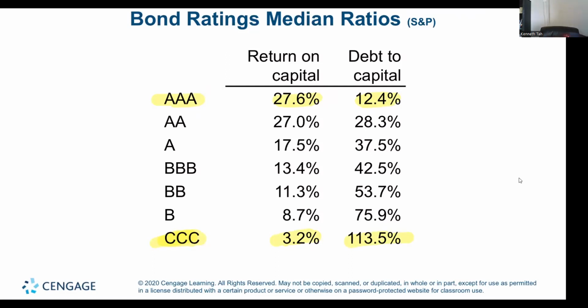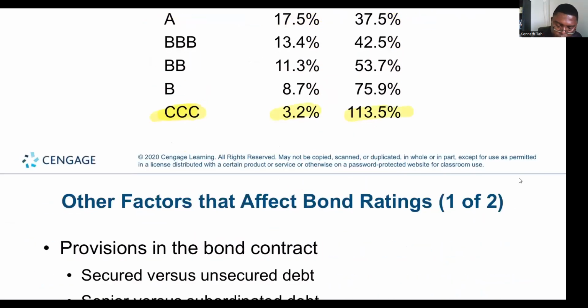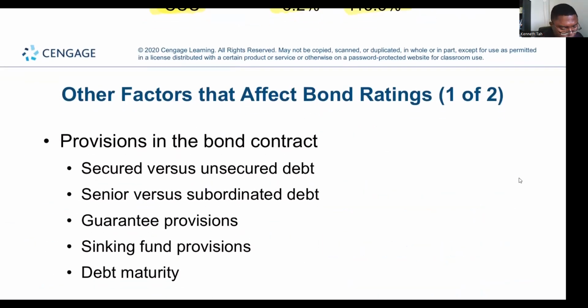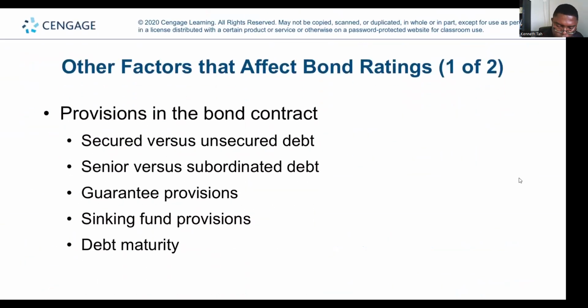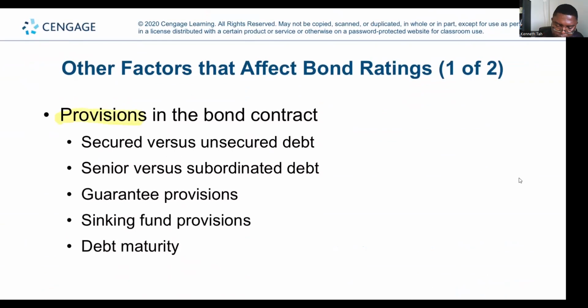Other things that tend to affect bond rating and default risk include the provisions in the bond contract, such as whether it is secured or unsecured debt.